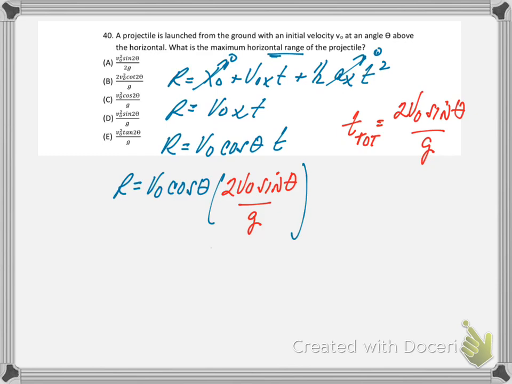All right. Continuing on, we have R equals v naught times v naught, we would have v naught squared times 2 sine theta cosine theta all over g.